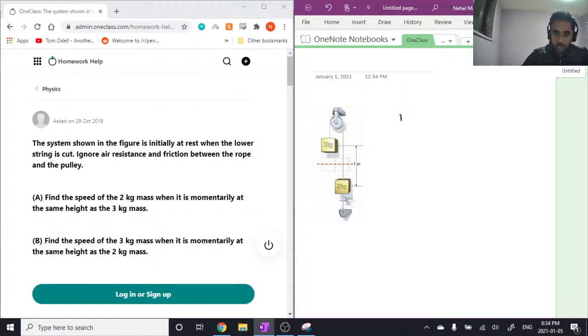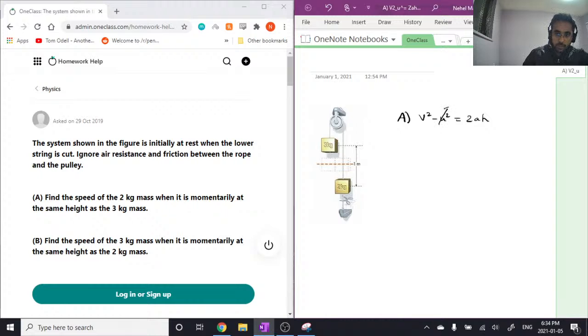So for part A, we'll use the equation of motion v square minus u square is equals to 2ah. a is the acceleration. u is the initial velocity, which is actually equal to 0.